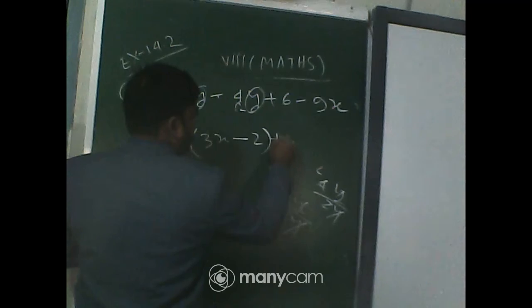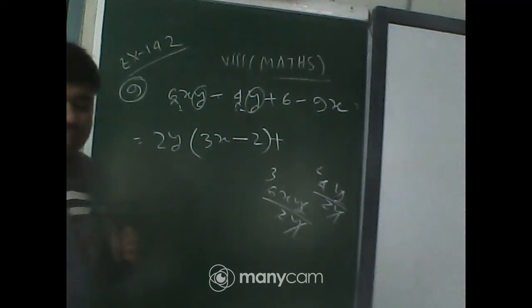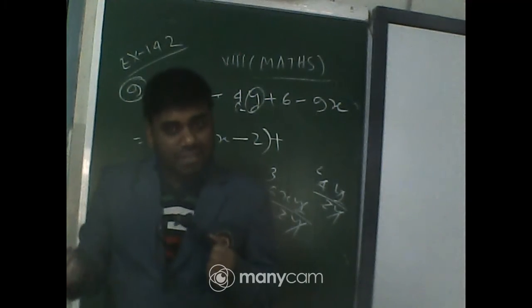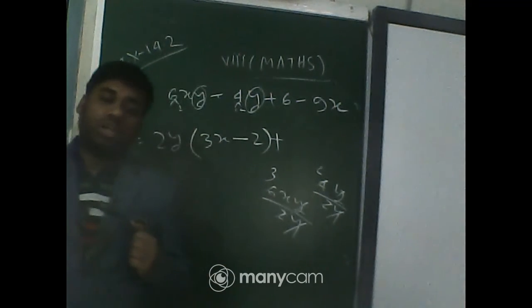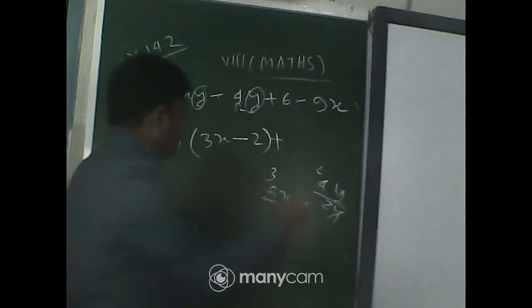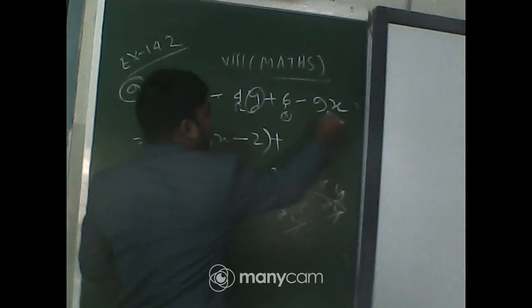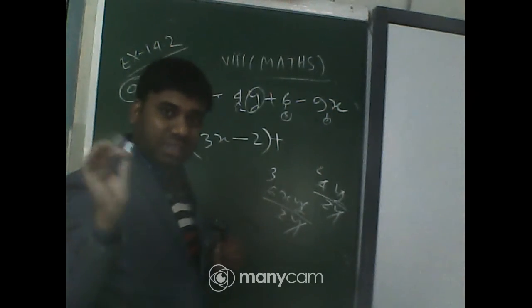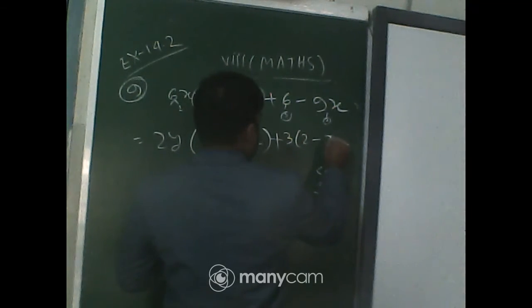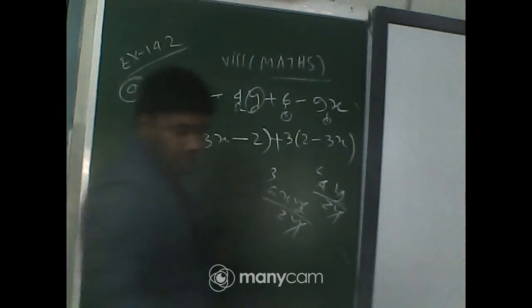Next, plus 6 minus 9x. One term has x as a variable, another has no variable. So no variable part is common, but 6 has a factor 3 and 9 also has factor 3. So you can easily take common 3: 3 into 2 minus 3x.